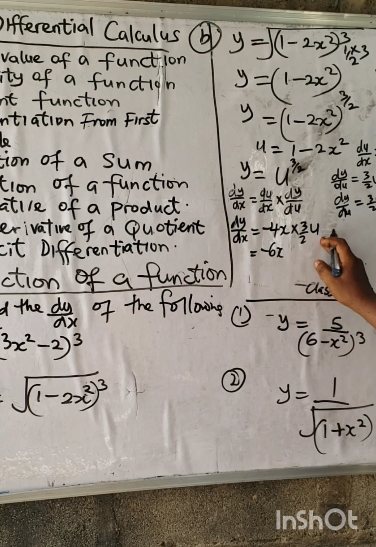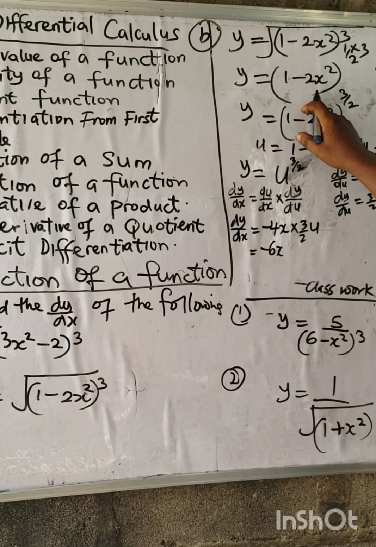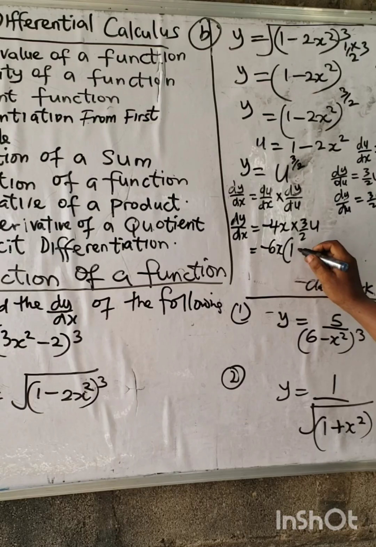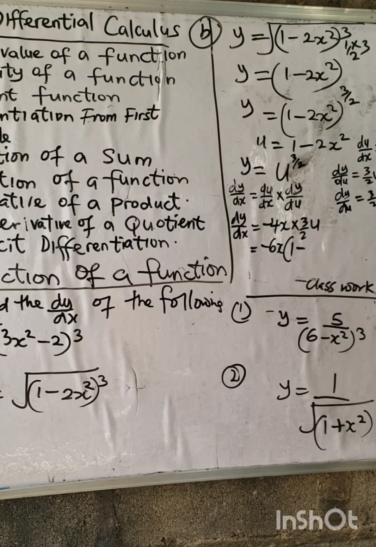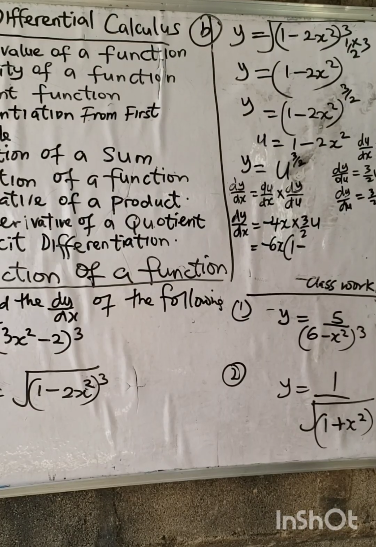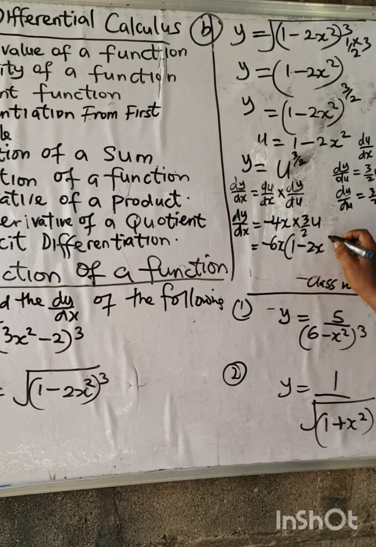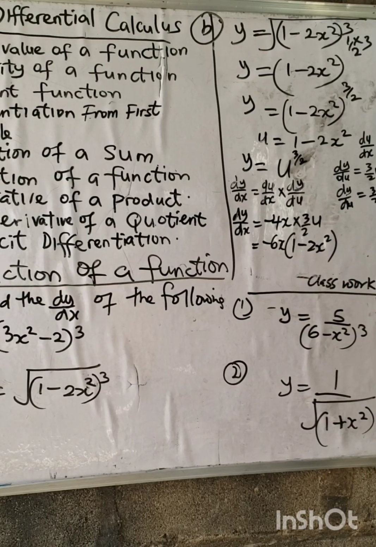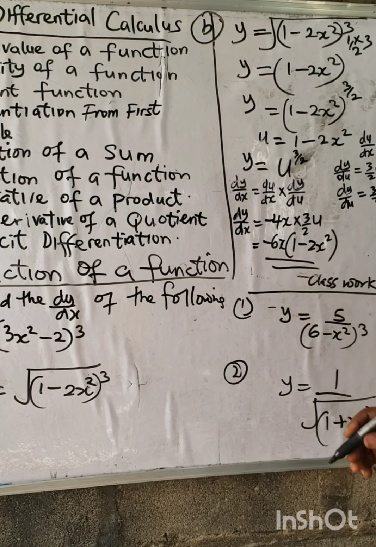What is our u? Our u is 1 minus 2s squared. This is our final answer.